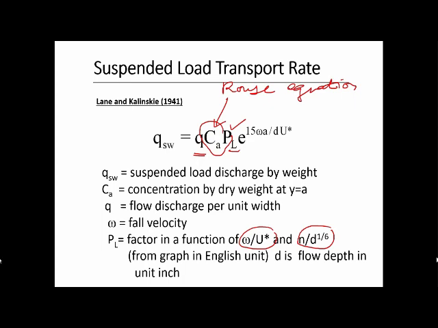Okay, so W here is your fall velocity. A here is the thickness of your bed layer. Right. So D here is your depth, the water depth.